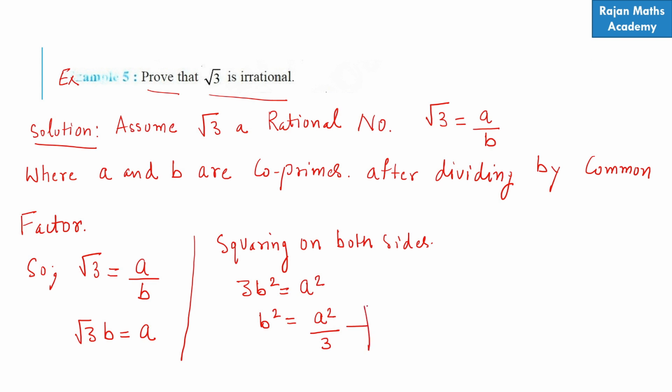This implies 3 divides a square. So from theorem 1.2, 3 also divides a. As 3 divides a square, 3 also divides a.